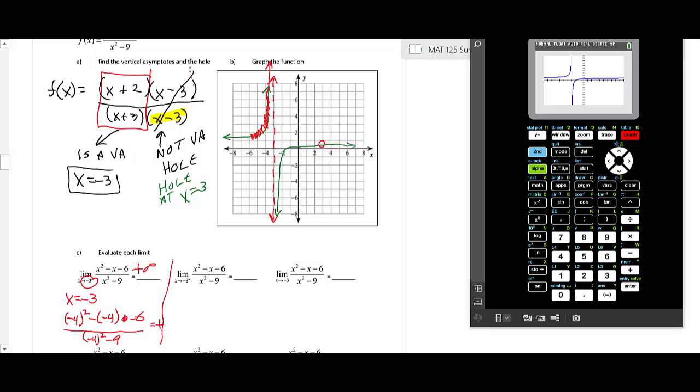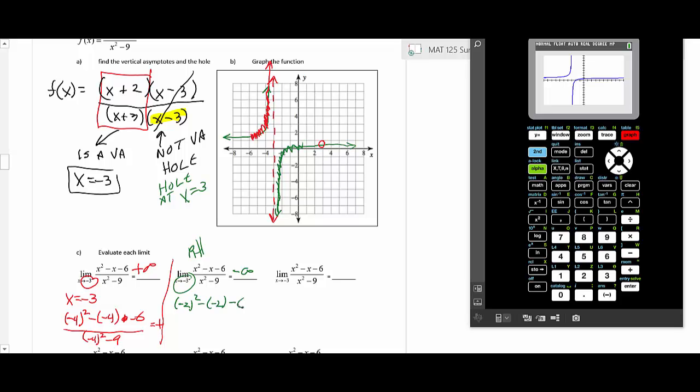Okay, looking at the graph, what does it look like the right-hand limit is going to be around -3? Where's that going? Negative infinity. Good. And you could do this like this. You could take a number a little bit to the right of -3, like -2. And you don't have to write this down.